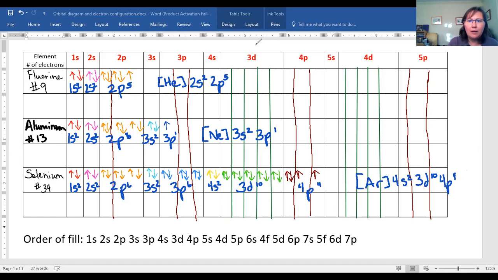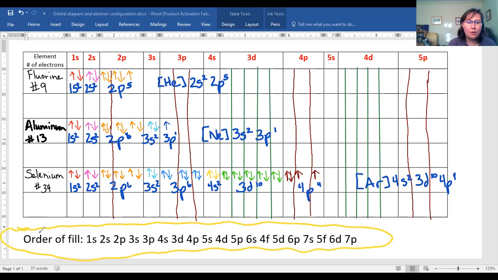Now come down here and take a look at what I have written down here. And here you'll see I have order of fill. So there's different things to show us order of fill. This is the one that I like to use if you're not using your periodic table. Honestly, that slide where I show where the periodic table fills, that's personally what I use.